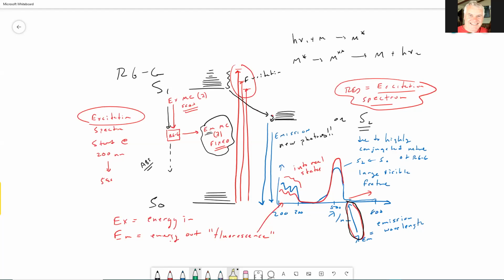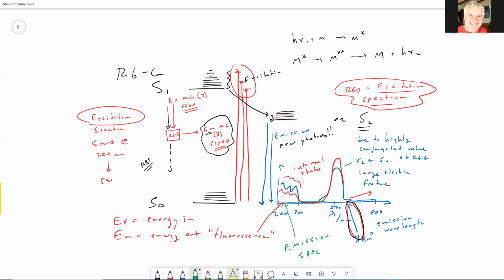Emission spectroscopy is where you put light in at a short wavelength, and then you monitor the wavelength at which it's emitted, right? And it's really interesting because the emission spectrum is not going to have any features at all in the ultraviolet.